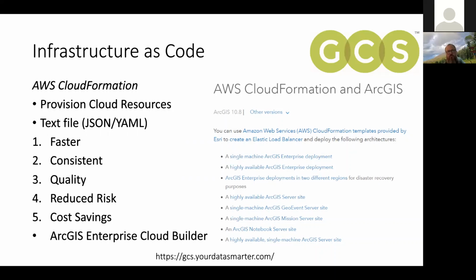So you really have a text file in JSON or YAML, and basically you can build your infrastructure with just one text file. And Esri makes available these CloudFormation templates, so you can quickly build a single machine deployment all the way up to a highly available, disaster recovery type of architecture. So this is an example of a managed service.